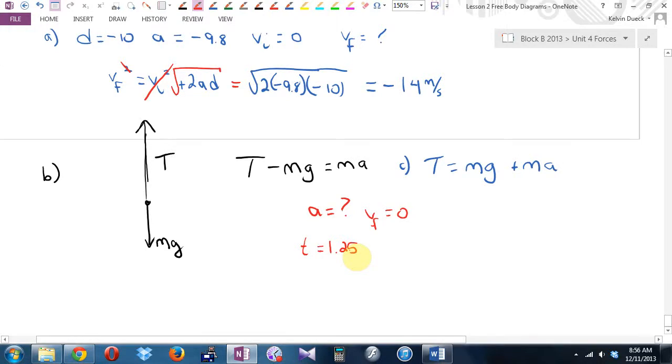What else? Why do I know VI? Oh, is V initial when the rope jerks him to a stop going to be the same as V final of free fall? We've seen this happen a couple of times before where we had a two-part question and the final of one became the initial of the other.